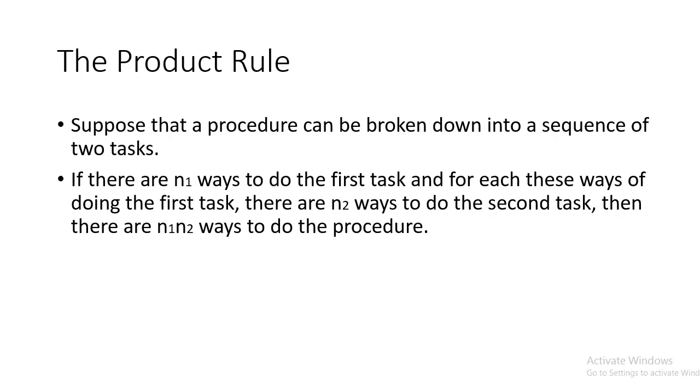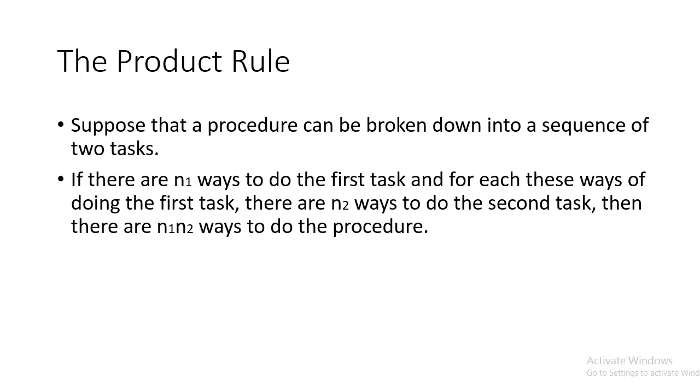What does it say? A procedure is broken down into a sequence of two tasks. If there are n1 ways to do the first task, meaning the first task is completed in n1 ways, then for each of these ways of doing the first task there are n2 ways to do the second task. Because if the first task is completed using n1 ways, then obviously the second task can be completed using n2 ways, as the procedure is broken down into two tasks.